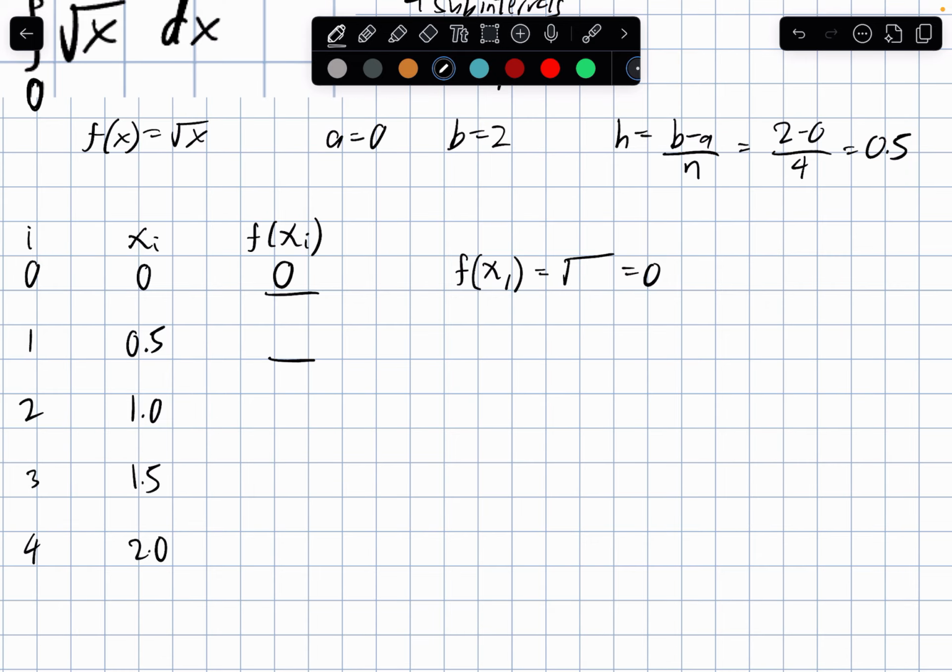For f of x sub 1, that's a square root of 0.5. In this case, it's equal to 0.7071. Okay? And then, next, kapag 1 naman to, for f of x sub 2, that is going to be still 1. How about 1.5? So that's going to be 1.2247.